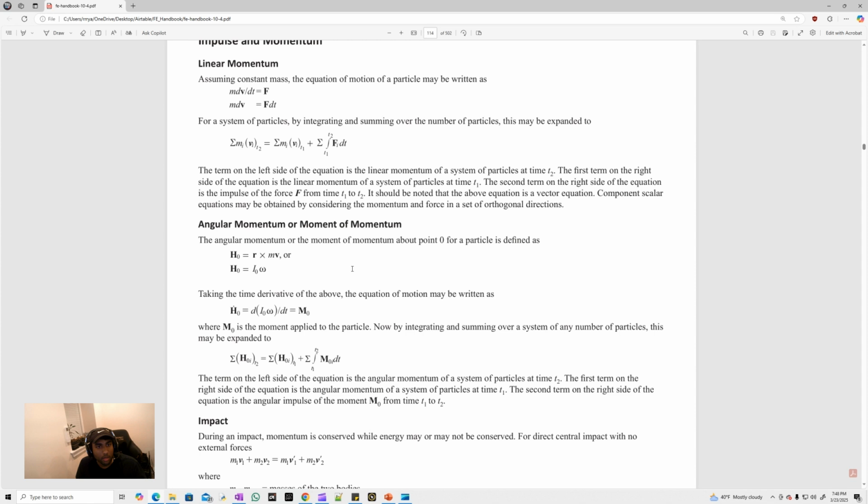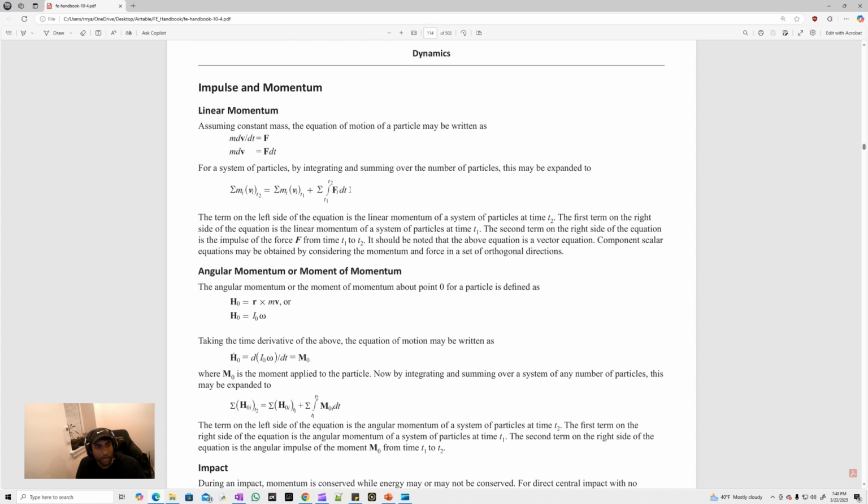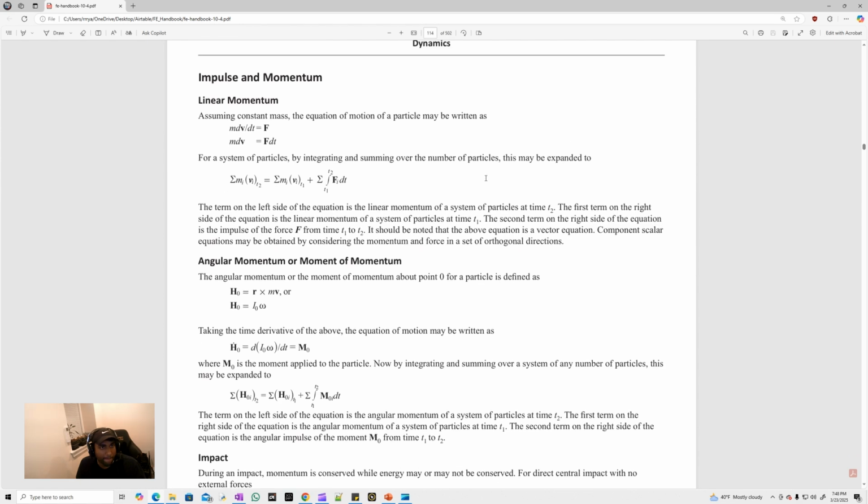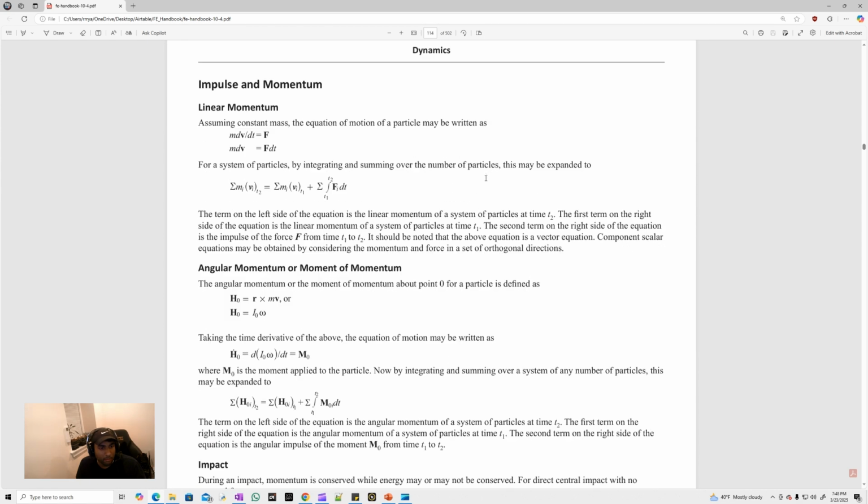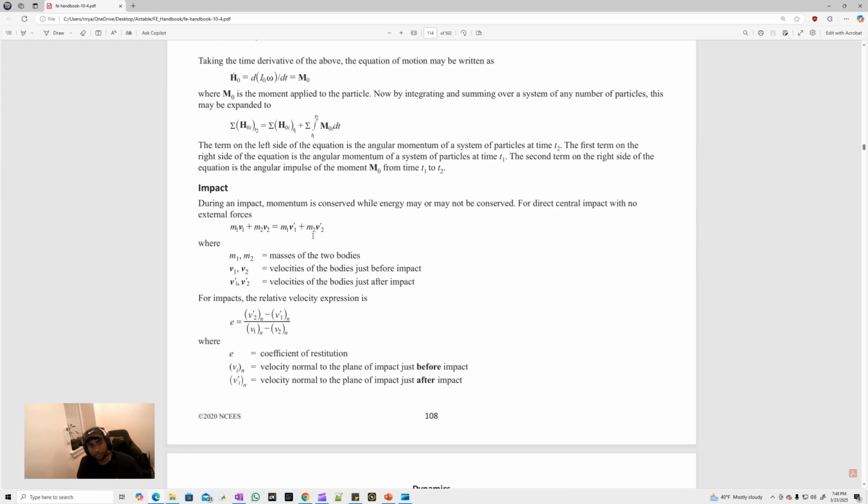All right, page 108 here, that is this principle right here, where it says that the impulse is equal to the change in the momentum of the system. Here we see the conservation of momentum. If we have impact, this is also a useful relation. This is essentially what we used just now, right? This is conservation of momentum.